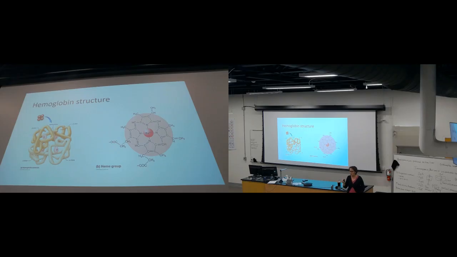When it's having oxygen, this heme changes its color from dull red to bright red color. So oxygenated blood looks more red or brighter red than venous blood, which is deoxygenated.